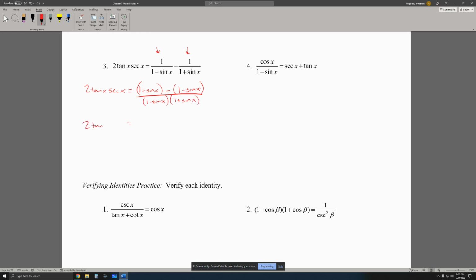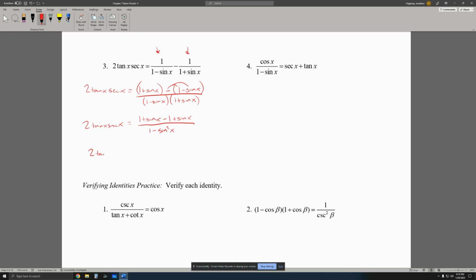So 2 tangent x secant x is equal to 1 plus sine x minus 1 minus sine x. Let's distribute that negative. So we have 1 plus sine x, and then that's minus 1, and then plus sine x. In the denominator, we have a difference of squares here. So this is 1 minus the sine squared, which we know is equal to the cosine squared.